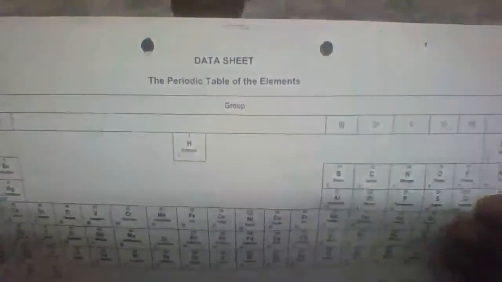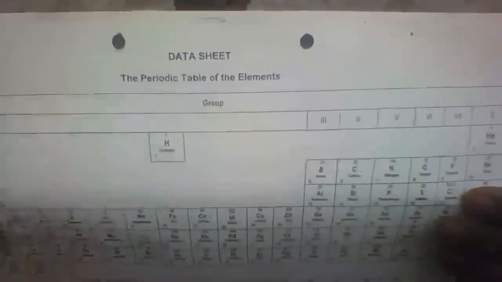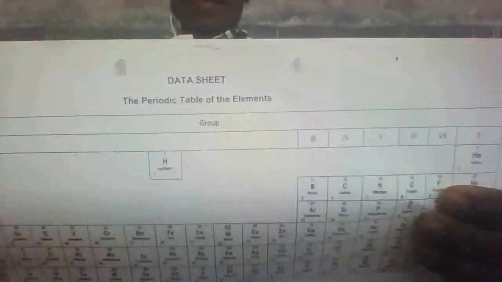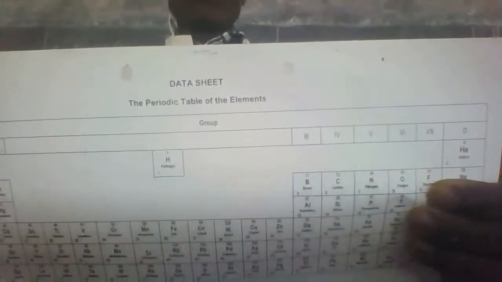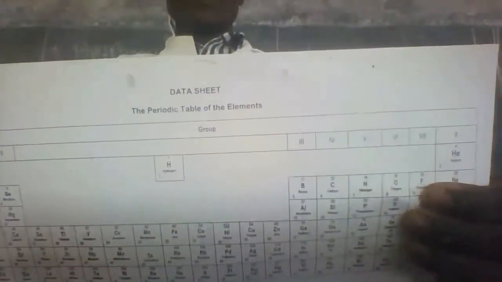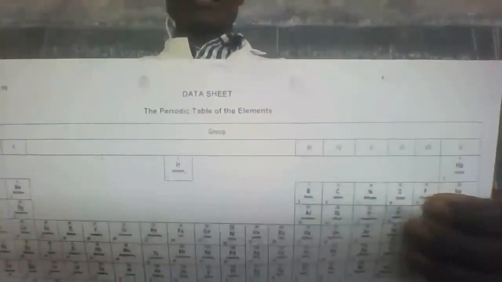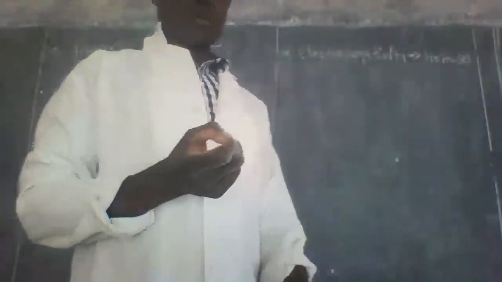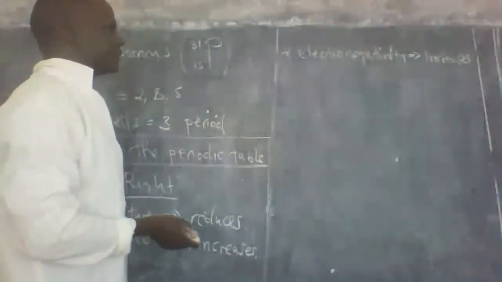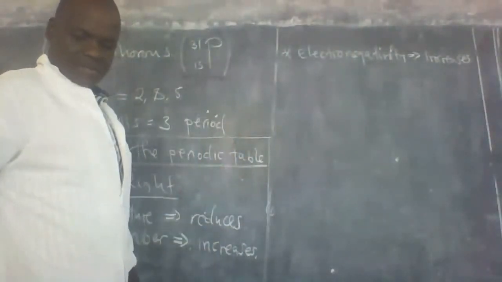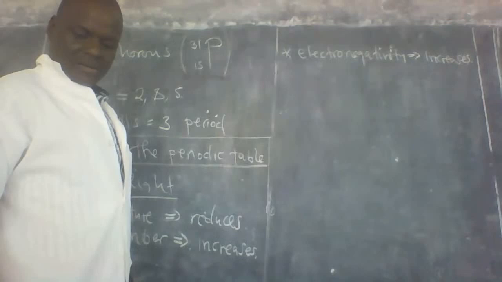So if you look at these elements that are in the second period, lithium and fluorine, you find that because fluorine is on the right hand side of the periodic table, it has got the highest ability of attracting electrons towards itself. Therefore, fluorine is likely to receive electrons. That is the electronegativity.